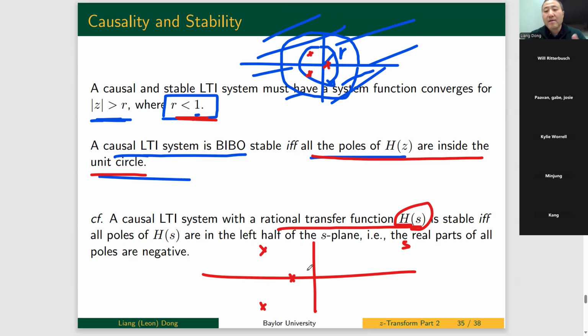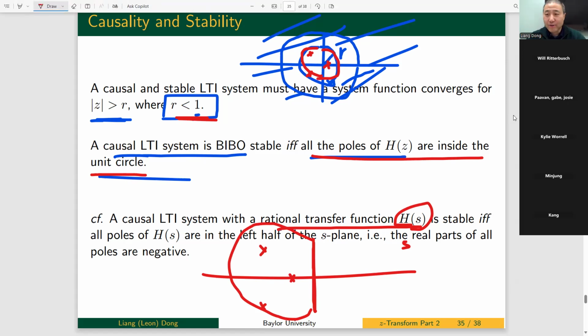At that time, my continuous system is stable. So you can think of the imaginary axis as almost bent around into a circle. Then you have the Z transform, where if all the poles are inside the circle, I have a stable system.